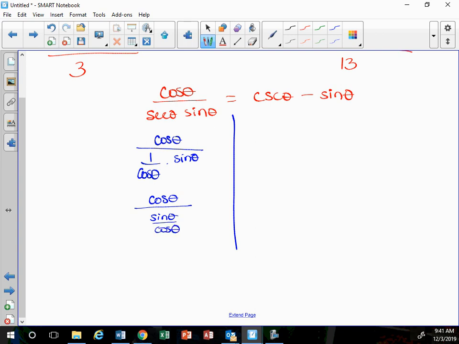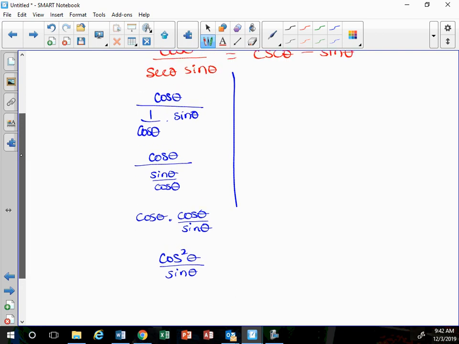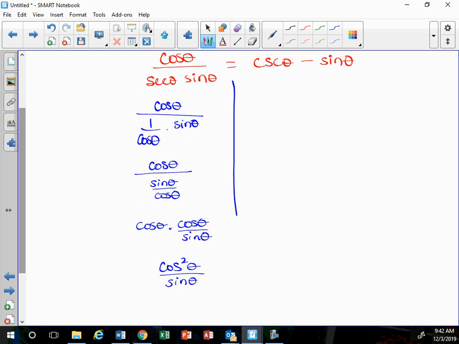Dividing by a fraction, what am I actually doing? So this is really cosine times cosine over sine. Cosine times cosine, cosine squared. You could certainly keep going on this side. I'm going to go ahead and look at the other side and see where it leads me.